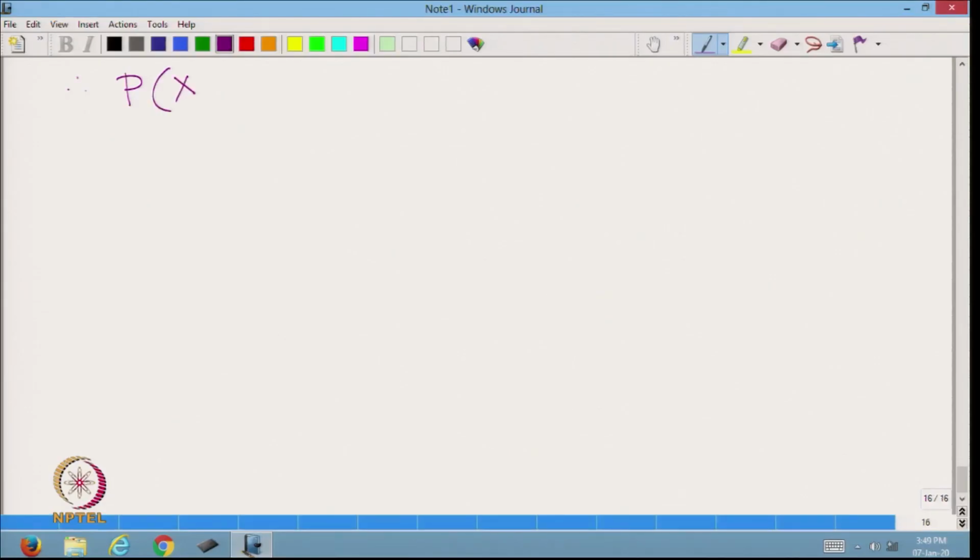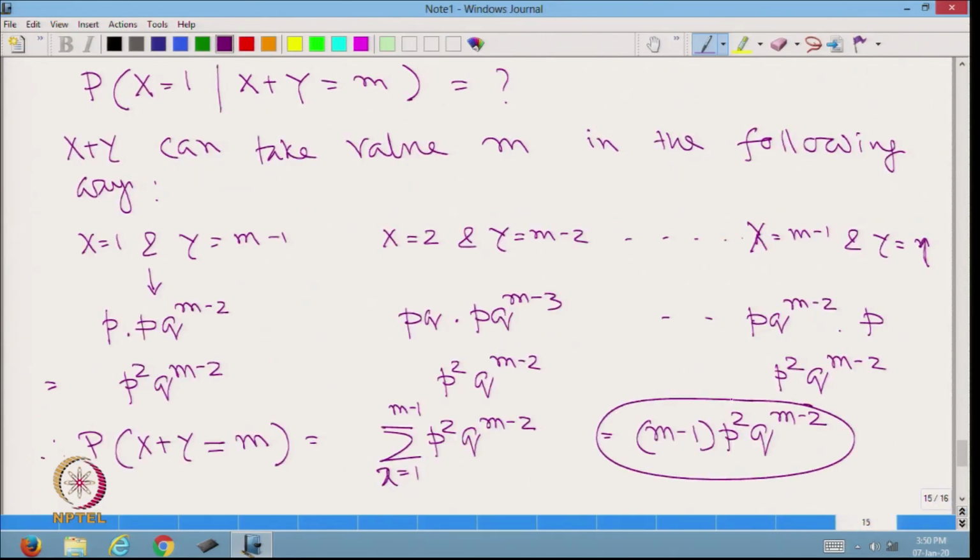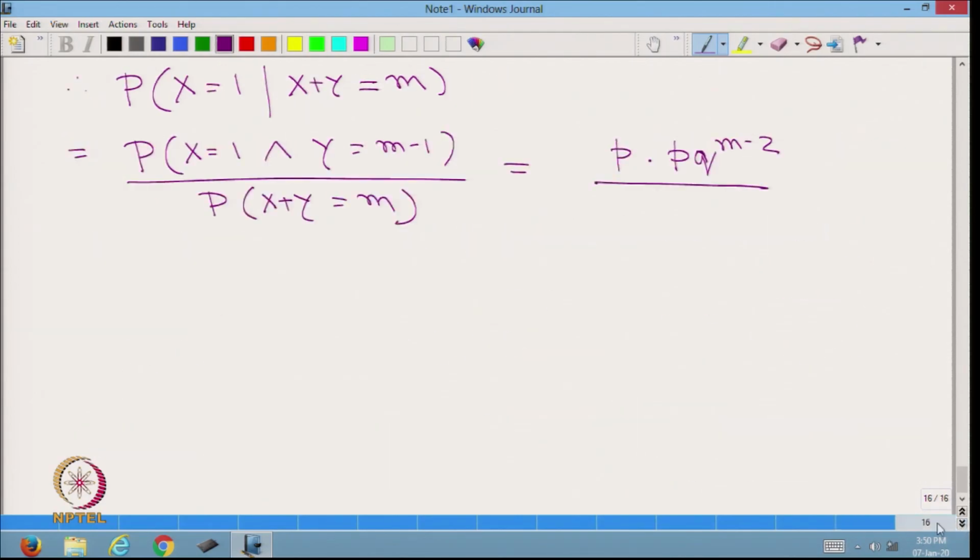Therefore, probability x is equal to 1 given x plus y is equal to m is probability x is equal to 1 and y is equal to m minus 1 divided by probability x plus y is equal to m, which is p into p q to the power m minus 2 divided by m minus 1 into p square into q to the power m minus 2, is equal to 1 upon m minus 1.